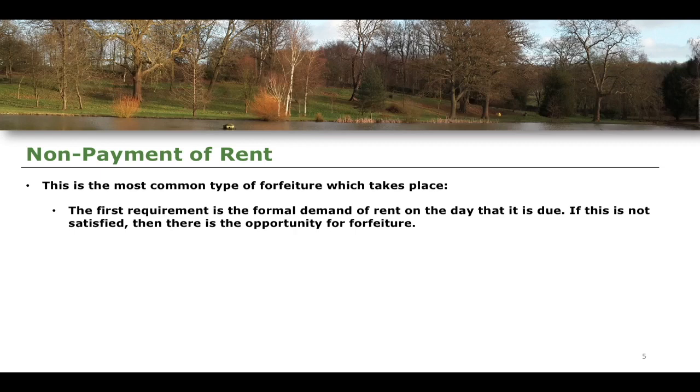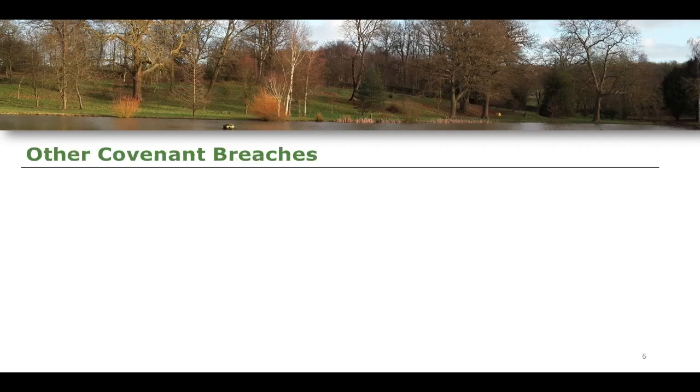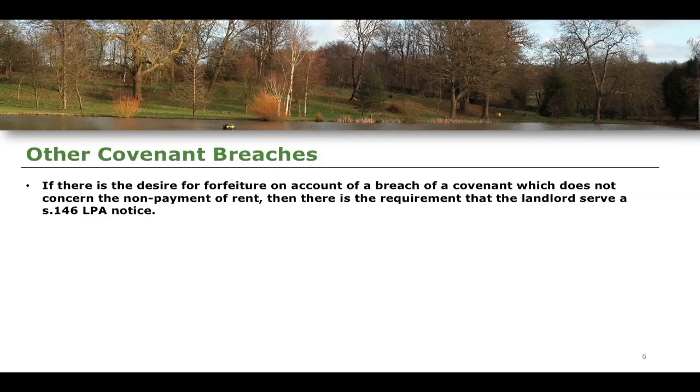The first requirement is the formal demand of rent on the day that it is due. If this is not satisfied, then there is the opportunity for forfeiture. The landlord must then acquire a court order if the property is commercial. Simple as that, really.